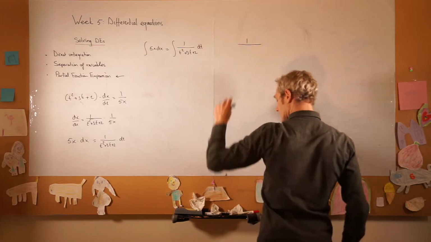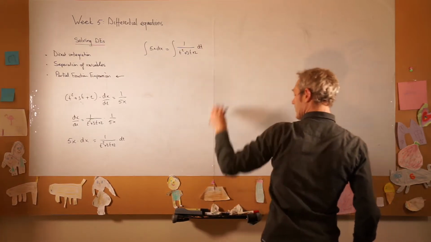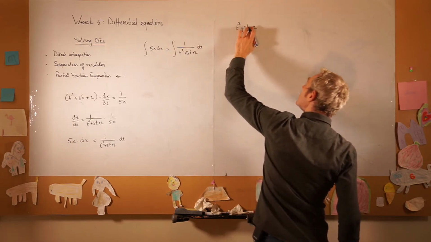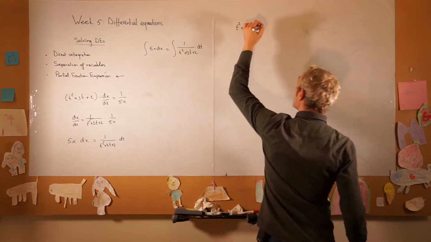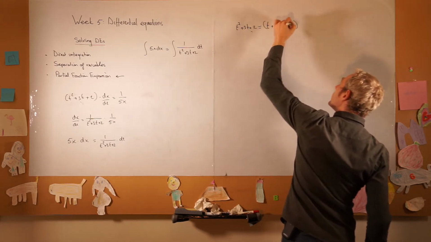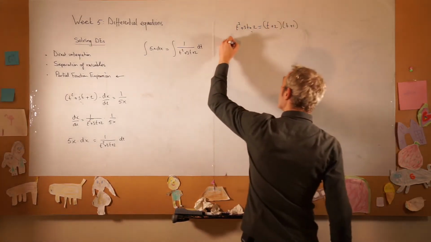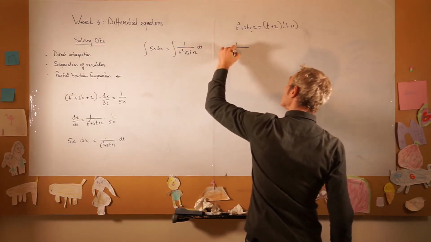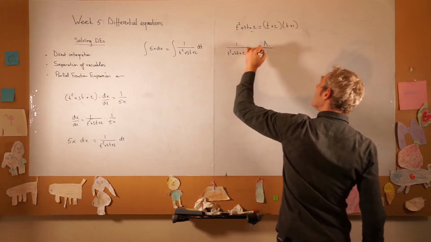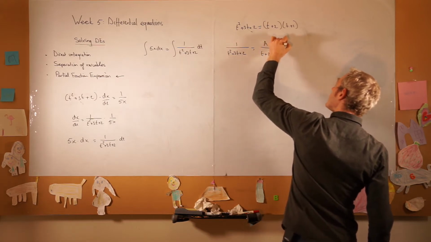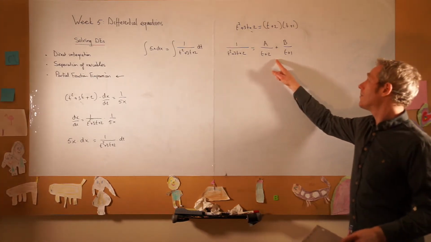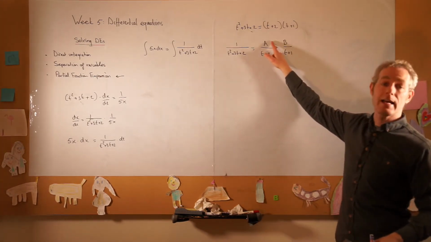Let's take an intermediate step. t squared plus 3t plus 2 can be written as t plus 2 times t plus 1, which means that 1 over t squared plus 3t plus 2 can be written as some fraction a over t plus 2 plus some fraction b over t plus 1. And this is partial fraction expansion, but we need to find a and b.